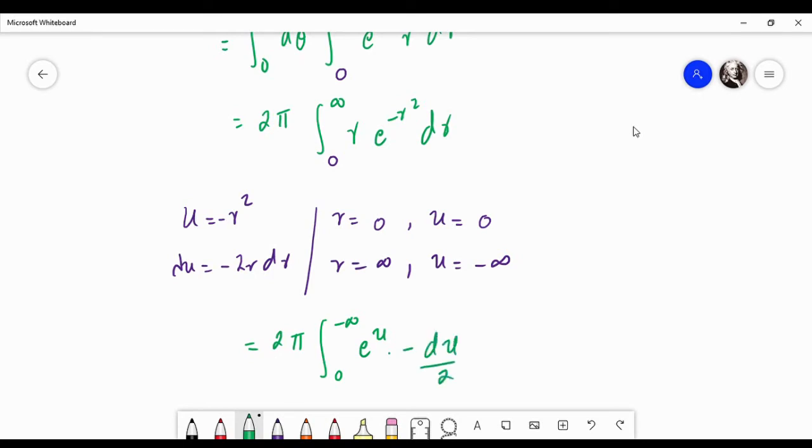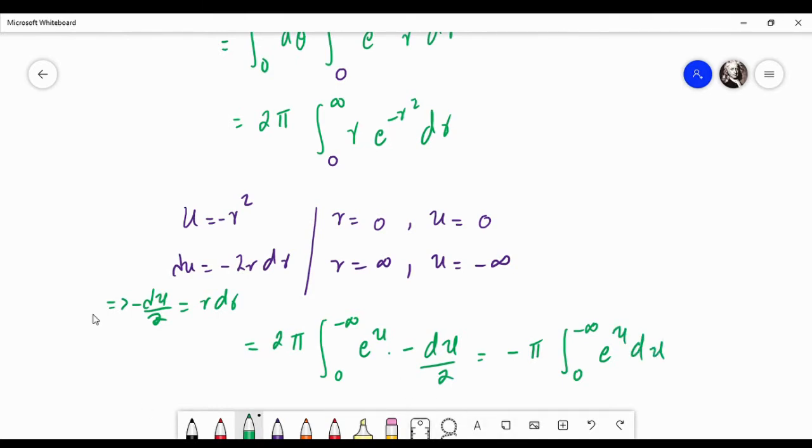If I rearrange this term, I can write minus du by 2 equals r dr. So instead of r dr, I've written it that way. Now this just becomes minus pi times the integral from 0 to minus infinity of e to the u du.